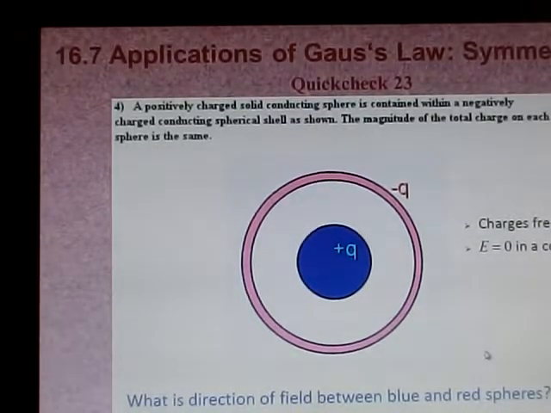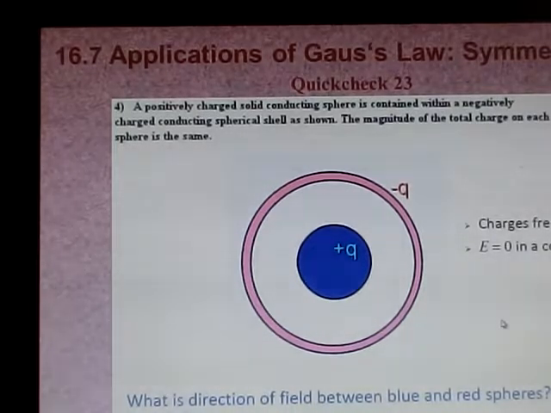Now the question, what is the direction of electric field between the blue and red spheres? Yeah? Between the blue and the red spheres. Well, you have options. The field will point radially outward. The field will point radially inward. The field is 0.